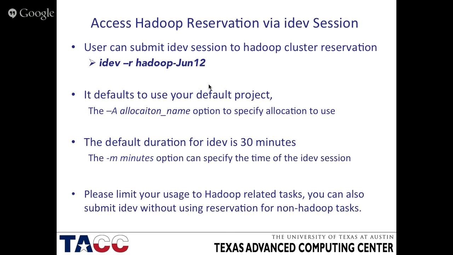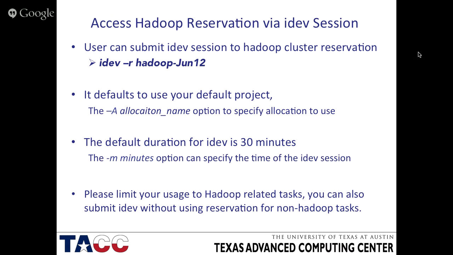For today's exercise, we would recommend everyone just start the idev sessions. So idev is just a command line tool. You can submit a request for an interactive session on one node. To run it, you just do idev, then use -r, then specify which reservation name you want to use. Then it will generate some output for you.